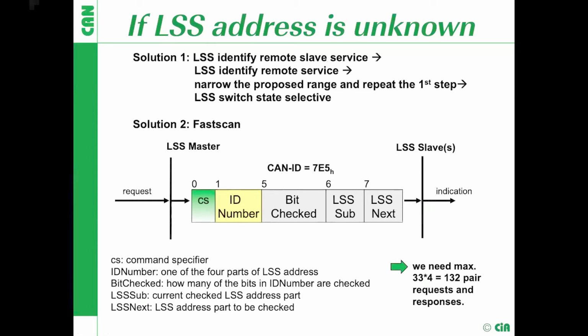Including acknowledgement for every part of the 4 parts of the LSS address, 33 data frames are required. That means for the completely unknown LSS address, we need 33 times 4, so 132 pairs of requests and responses. So this solution is already more effective than solution 1, but still more than 100 messages will be sent.